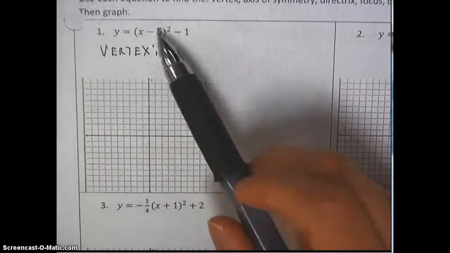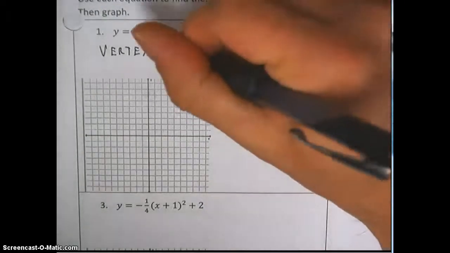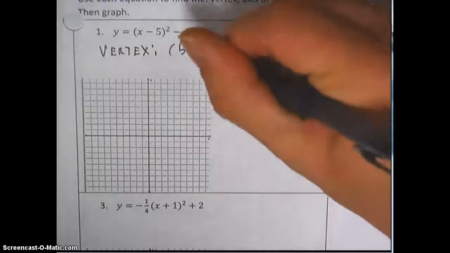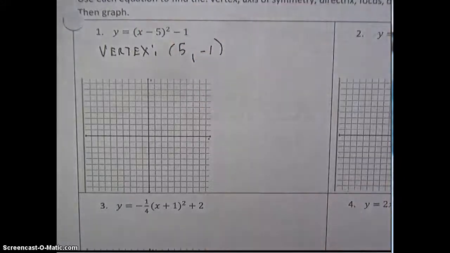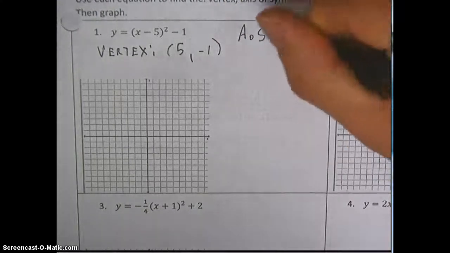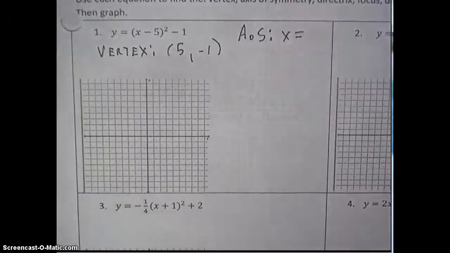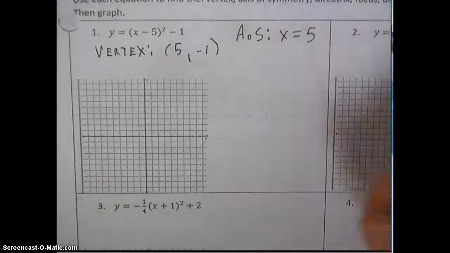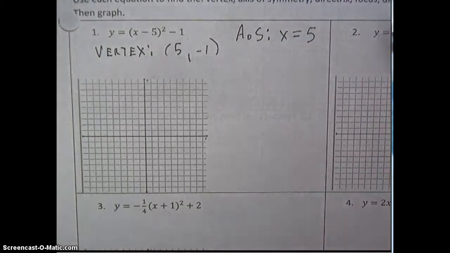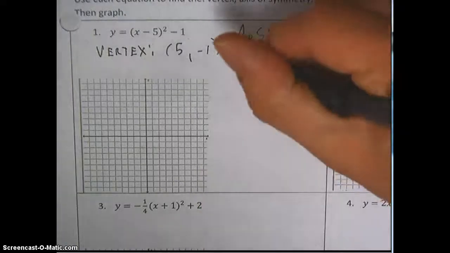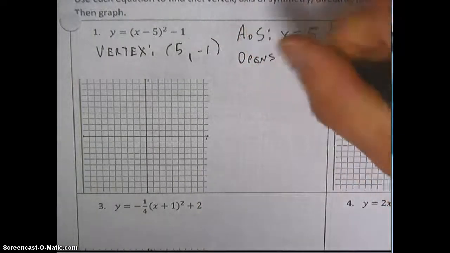It's the opposite of this, so if that's negative 5, it's going to be positive 5, comma, the k is negative 1. So that's my vertex. My axis of symmetry, I'm just going to abbreviate that AOS, is x equals something, and it's just the x from the vertex, so that's x equals 5. And the direction that this thing opens, there's no negative in front here, so this thing opens upwards.